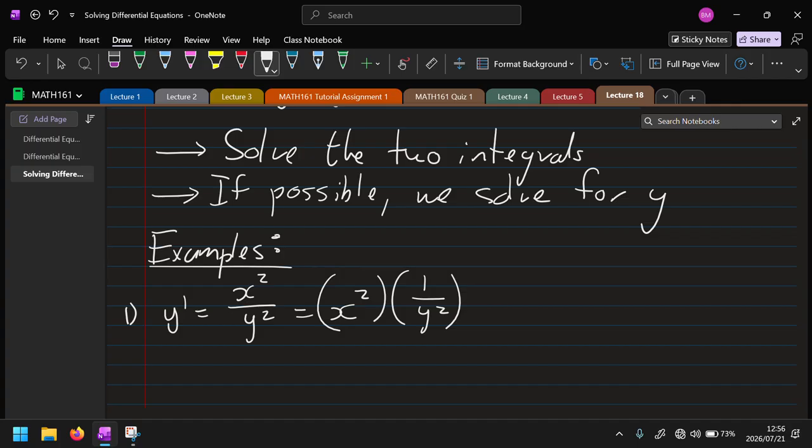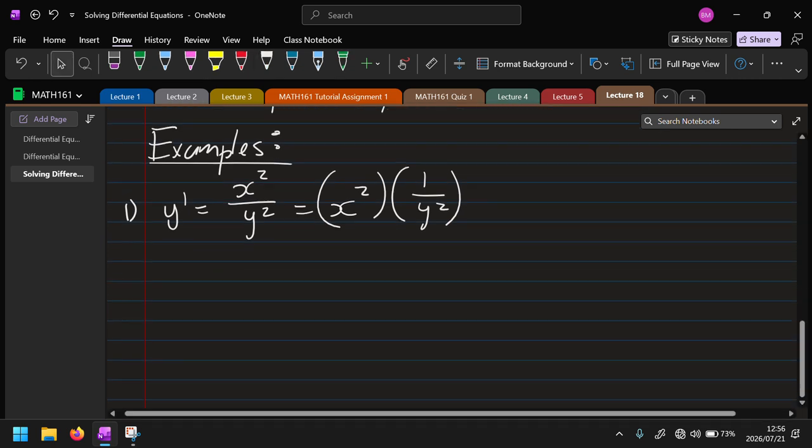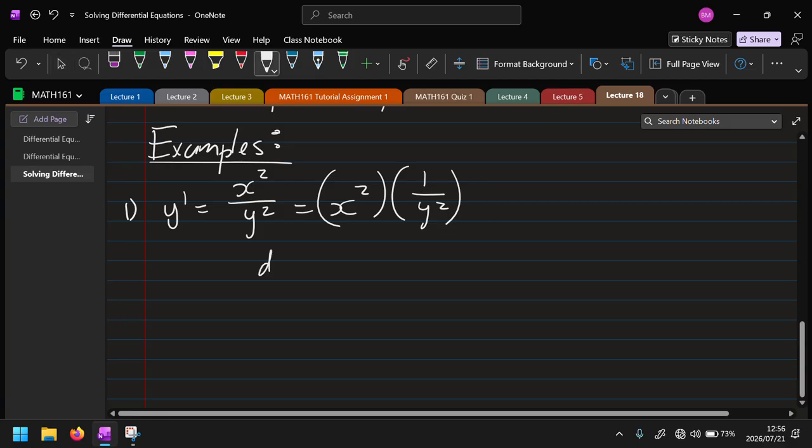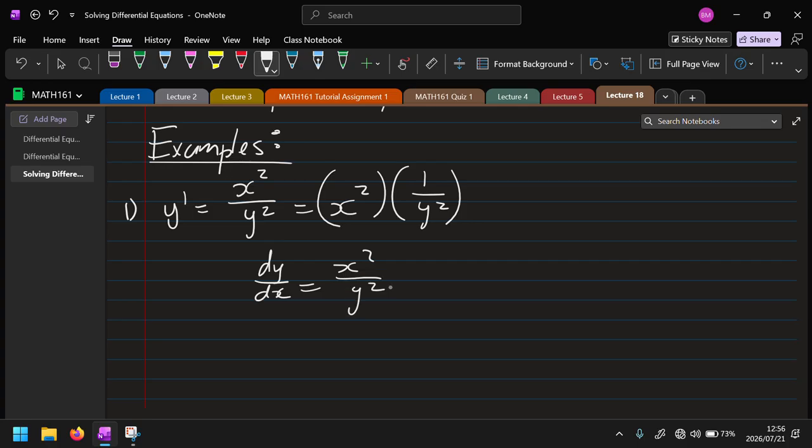This question is very simple to split up. The next one might not be so clear. But here, definitely separable, so we can use this method. Let's do that. Anything with y, we're going to take to the left side. Anything with x, we're going to take to the right side.